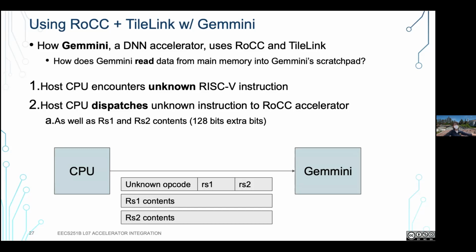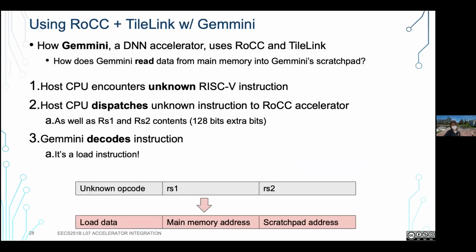Those are completely up to the accelerator designer, but the CPU will faithfully transfer the data you need to the accelerator, and the accelerator processes that data and figures out what exactly it wants to do. So we mentioned earlier that accelerators still need to have their own decoding engine, right?